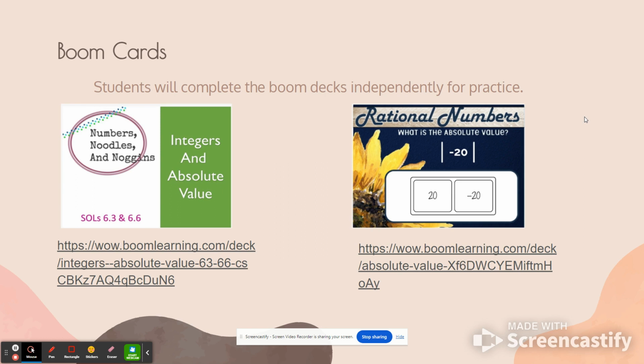And the students will have a chance to interact with the Boom decks individually, or they could do it in groups using their iPads, or if we were in Zoom, then I may put them in breakout rooms and let one student pull it up and share the screen, and then the group work together. So there's different ways that you can use these. They can definitely be used independently, but they can also be used in groups, even as virtual learners.